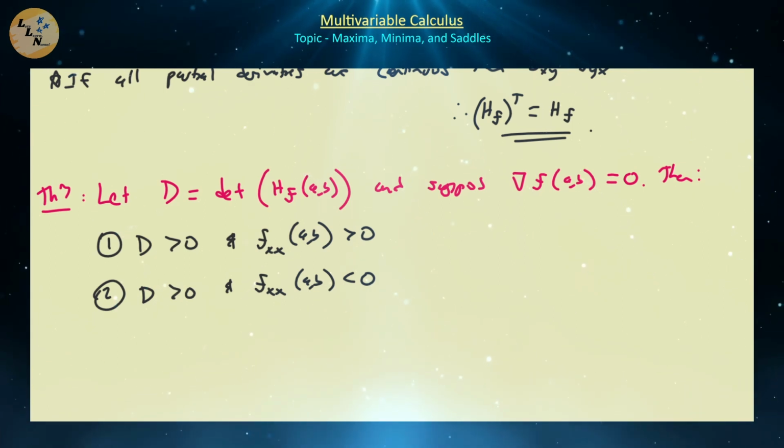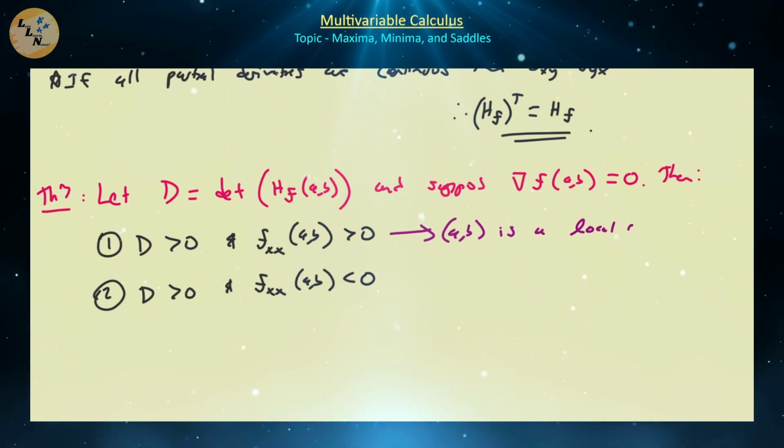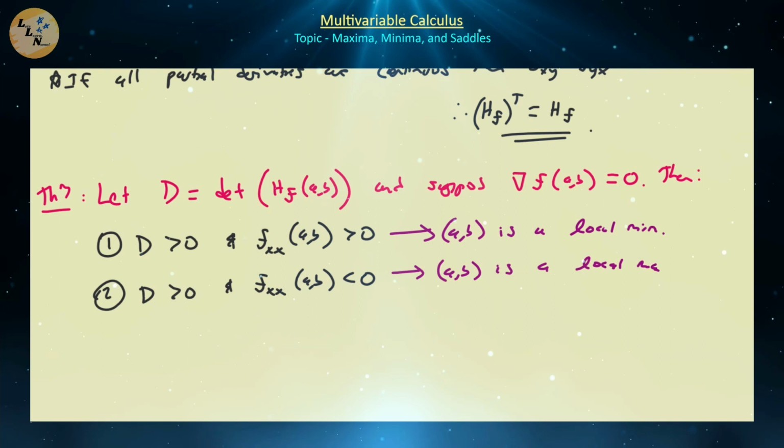These actually relate directly to one-dimensional calculus. If the second derivative of a function is positive at a point, was that a max or a min? That was our local min. So (a, b) is a local minimum, and if the second derivative is negative, then (a, b) is a local maximum.